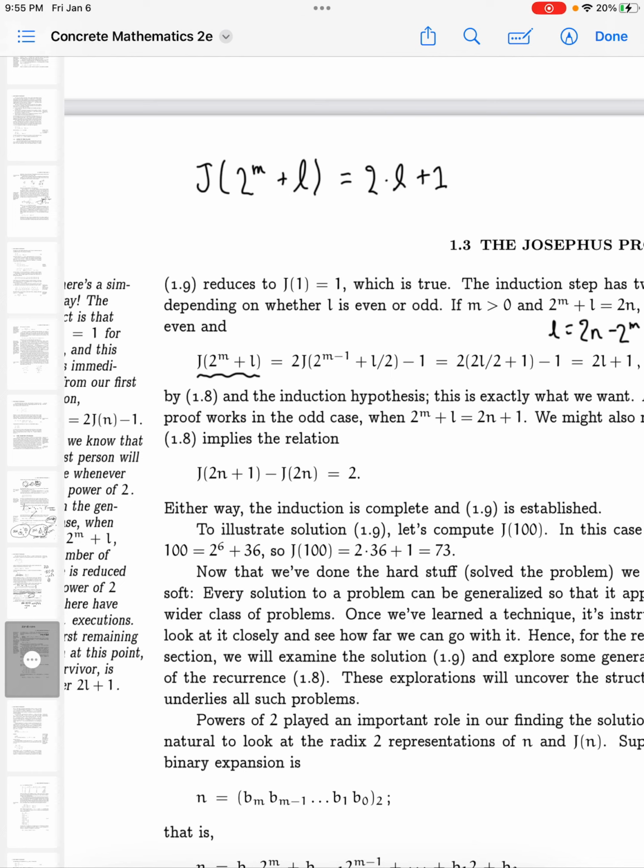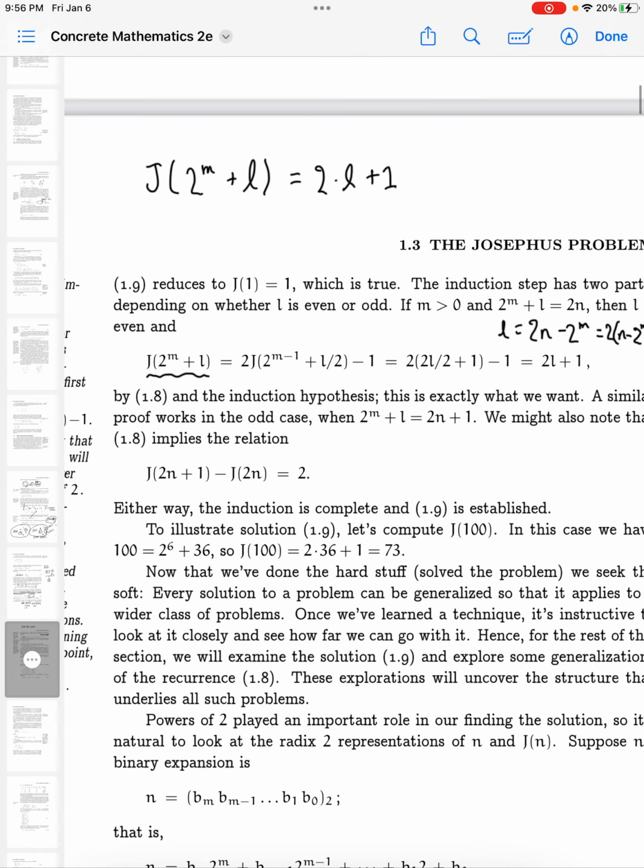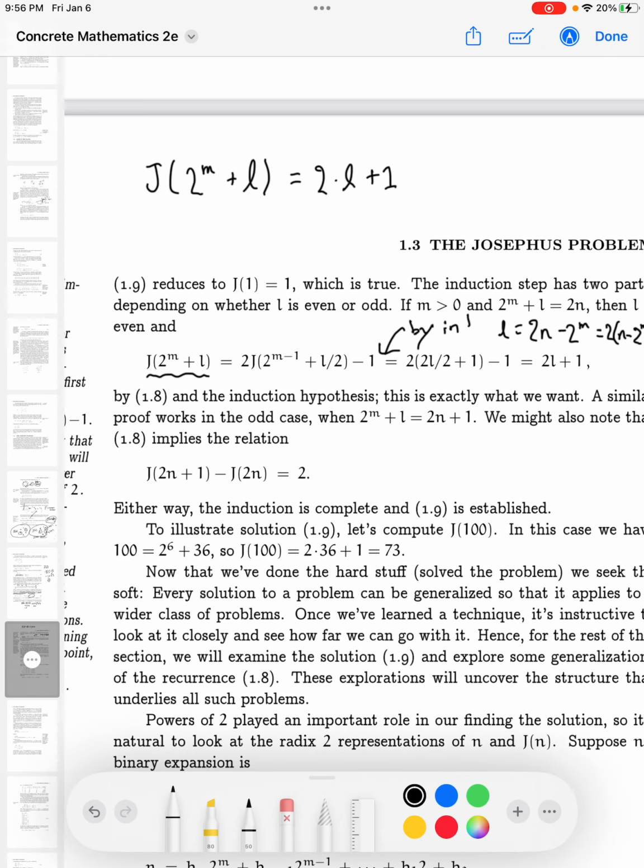Since 2 to the power of m plus L is even, it can be rewritten as 2 J of 2 to the power of (m minus 1) plus L over 2, minus 1, because we're dividing the input n by 2, which is then equal to 2 times (2 times L over 2 plus 1). The reason we can write it this way is that by induction, we assume that when the number is less than m, the equality holds.